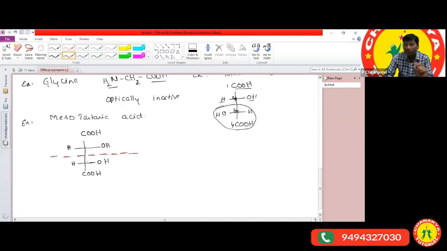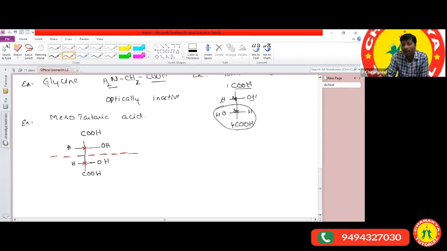Now in this case, mesotartaric acid is generally optically inactive, but it is also optically active. Sir, how is it optically active? Because it has chiral centers. How many? It has two chiral centers. It exhibits optical isomerism due to the presence of the chiral centers.